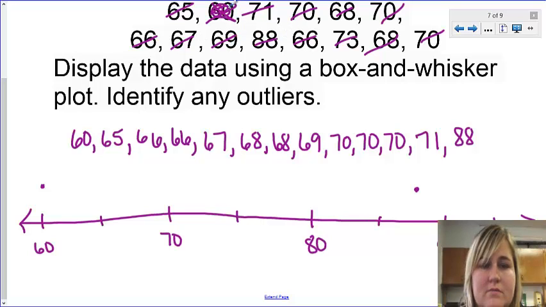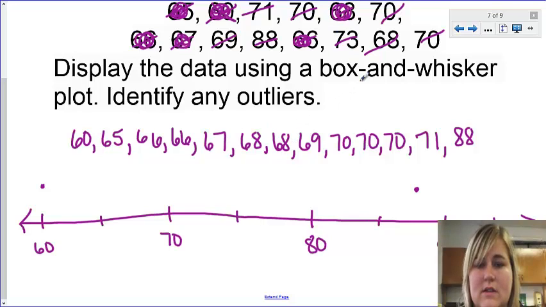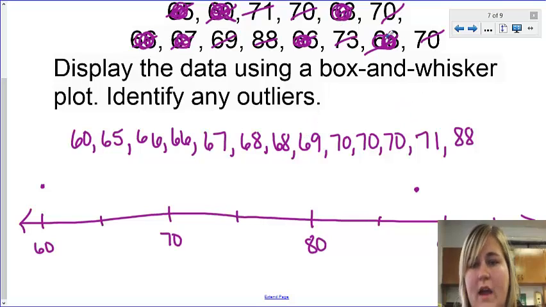60, 65, 66, 66, 67, 68, 68, it was 73. I marked the wrong one when I marked my 70s, that's why. So 73.